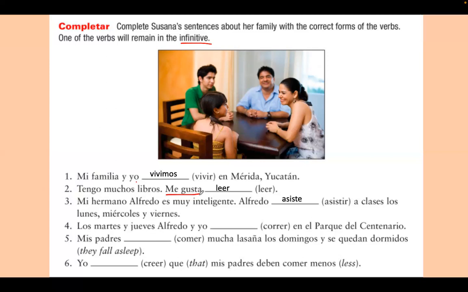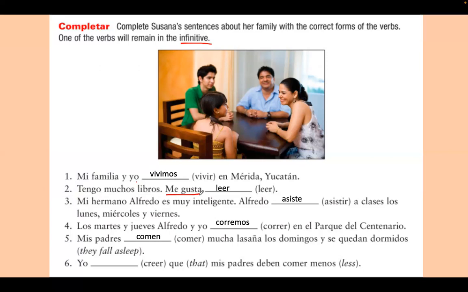4. Los martes y jueves, Alfredo y yo corremos en el Parque del Centenario. 5. Mis padres comen mucha lasaña los domingos y se quedan dormidos. 6.